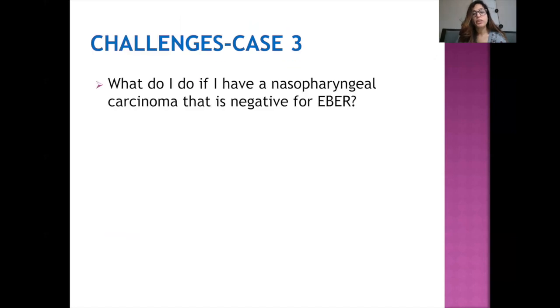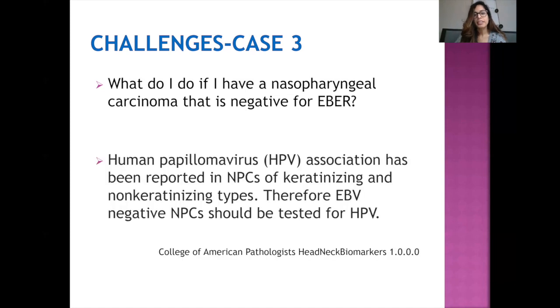And you might ask, what do I do if the nasopharyngeal carcinoma looks like a typical non-keratinizing, undifferentiated type that I would expect to be positive, and I do EBER, which is the gold standard test, and it's negative? Is there anything else I need to do? Actually, there's recent literature showing that HPV is associated with a small subset of these typical non-keratinizing phenotypes that are EBV negative.